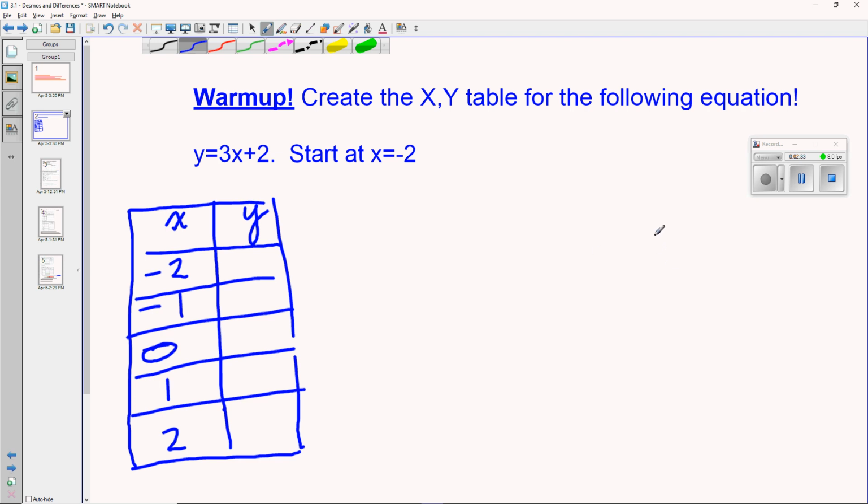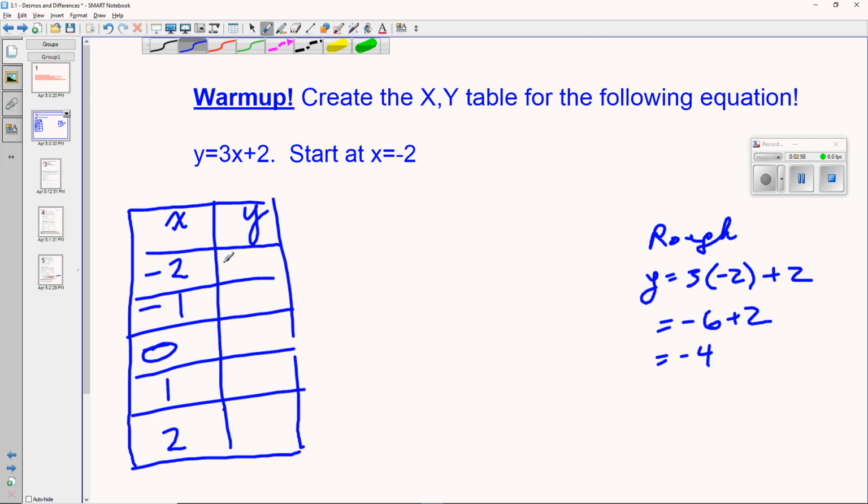For rough work, you would do this on a separate sheet of paper. If I know that x is -2, I'm going to substitute it in: 3 times -2 plus 2. 3 times -2 is -6, plus 2, which is -4.